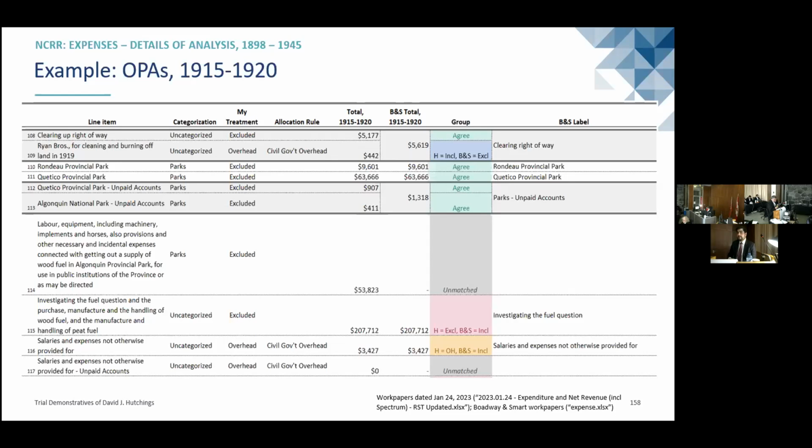By my eyes, you have a new blue category. Is that just a color problem, or is there something special there? Sorry, there were a couple of items where I include something that Professors Bodway and Smart exclude. This relates to the clearing of a right of way. So I include that in this year, $442.